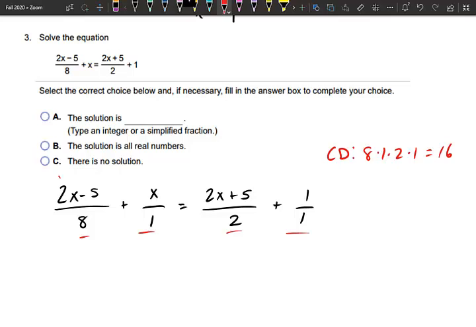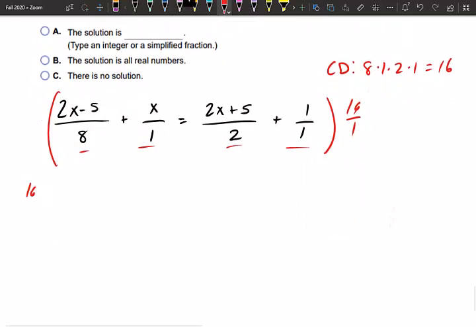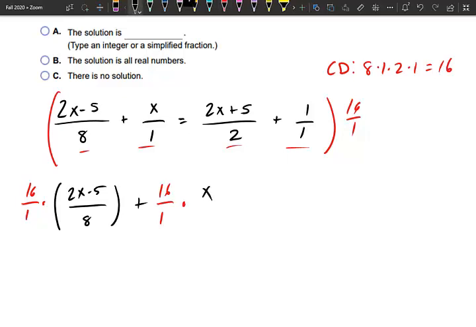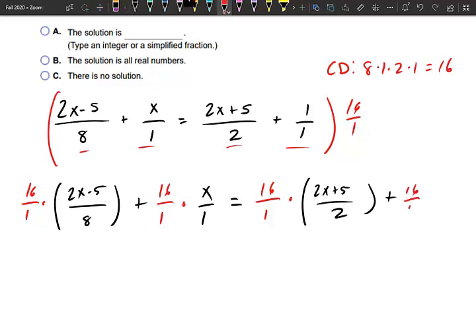So I'm going to multiply everything by 16 over 1. So I have 16 over 1 times, since that's a binomial, I'm going to wrap it, 2x minus 5 over 8 plus 16 over 1 times x over 1 equals 16 over 1 times, now we have another binomial, so I'm going to wrap it, 2x plus 5 over 2, and that's plus 16 over 1 times 1 over 1.